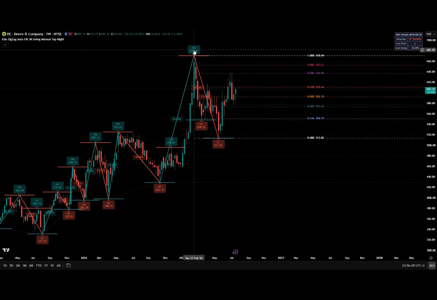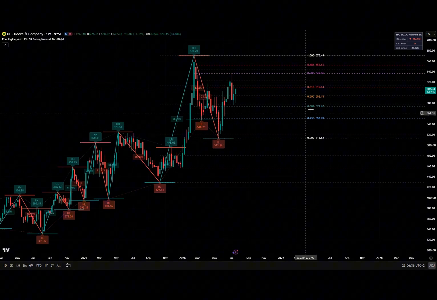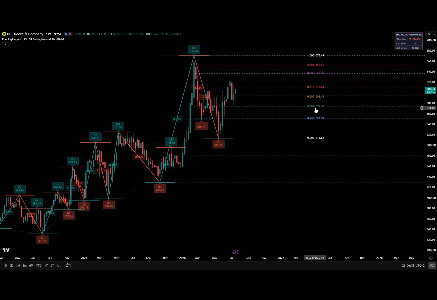On Deer Weekly the last completed leg runs from the high at 670, down to the low at 513. 0.382, 0.5, 0.618. The levels are already on the chart, with no drawing tool involved. And price has climbed all the way back to the 0.618, at 610. That level was there long before price arrived.